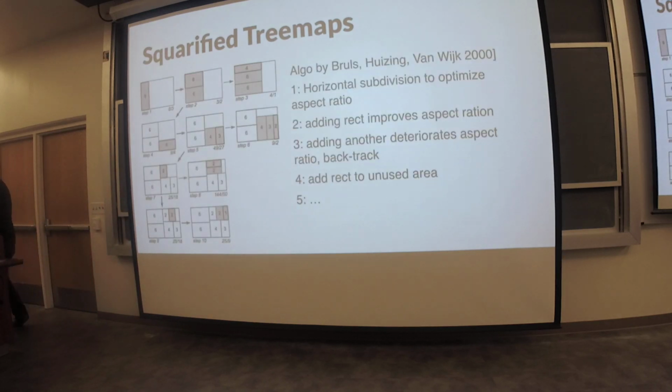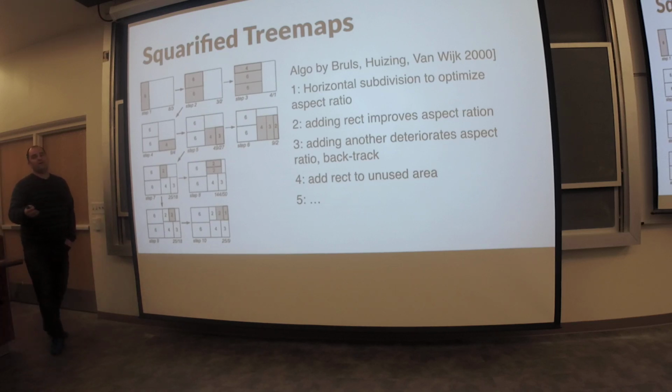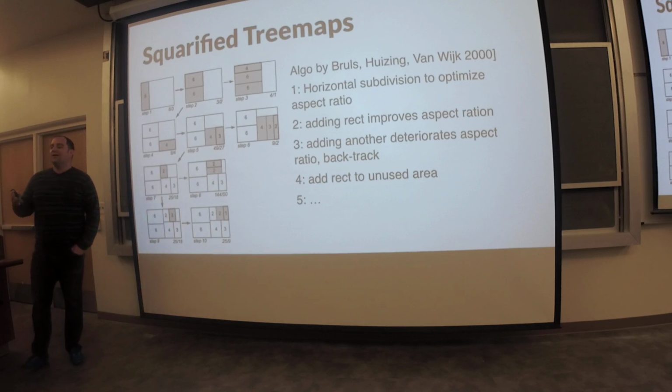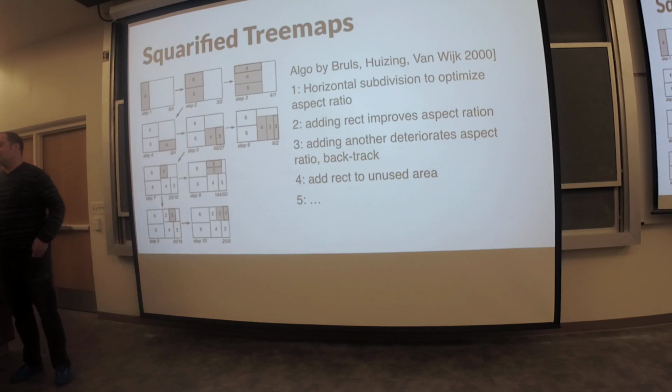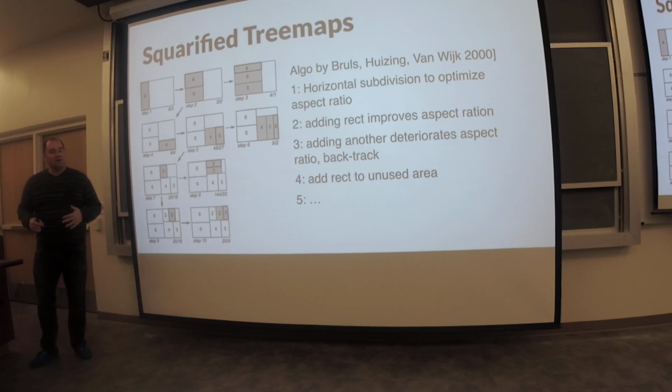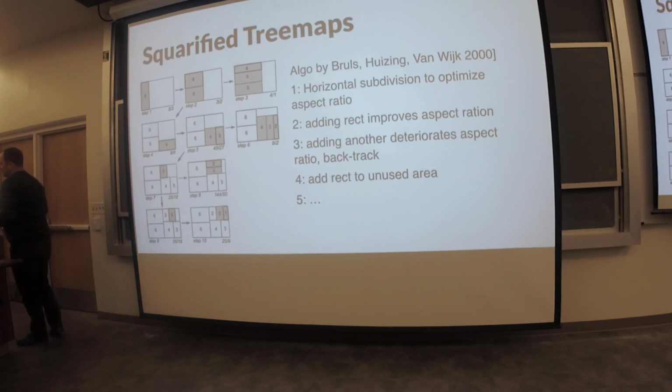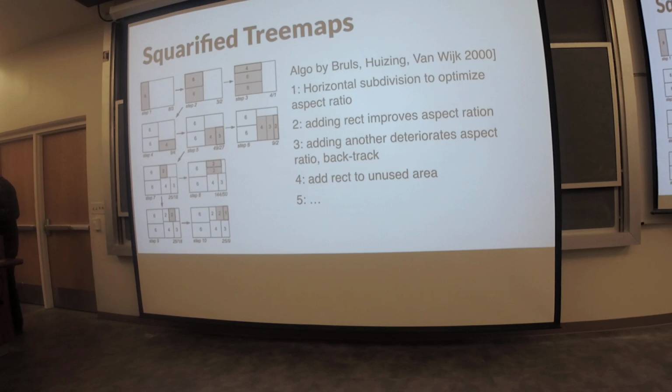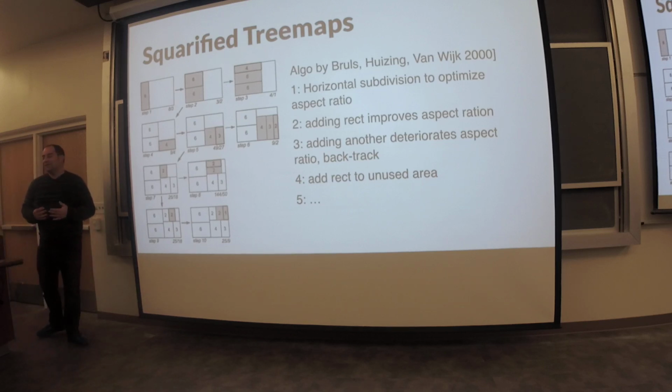So there's this paper by Bruls, Huizing, and van Wijk from 2000 that introduced the idea of squarified tree maps. You can come up with a heuristic saying that for each rectangle, you want the aspect ratio of the sides to be roughly equal. So you want to essentially get squares if you can.